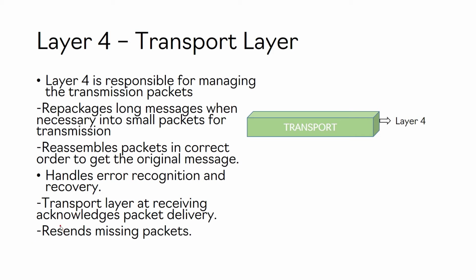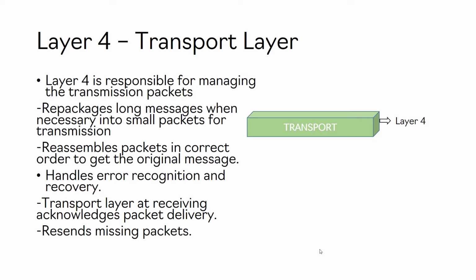So when information is sent, the receiving station sends an acknowledgement. So that acknowledgement process is also a function of transport layer protocols. And if there's anything that is missing, the transport layer protocols ensure that such missing information is sent back from the source to the destination.